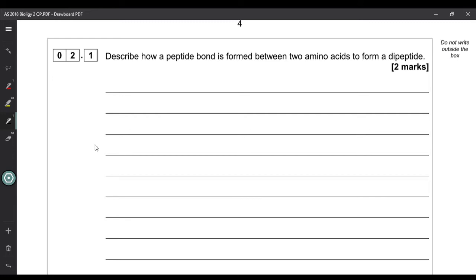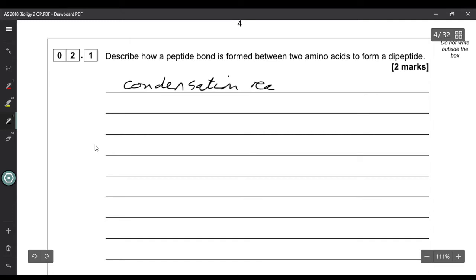So this is a type of reaction where we lose a water. That's what it means by condensation. So we can say condensation reaction. You could have got away with a reaction where water is lost. And because it's worth 2 marks, we need a bit more detail.